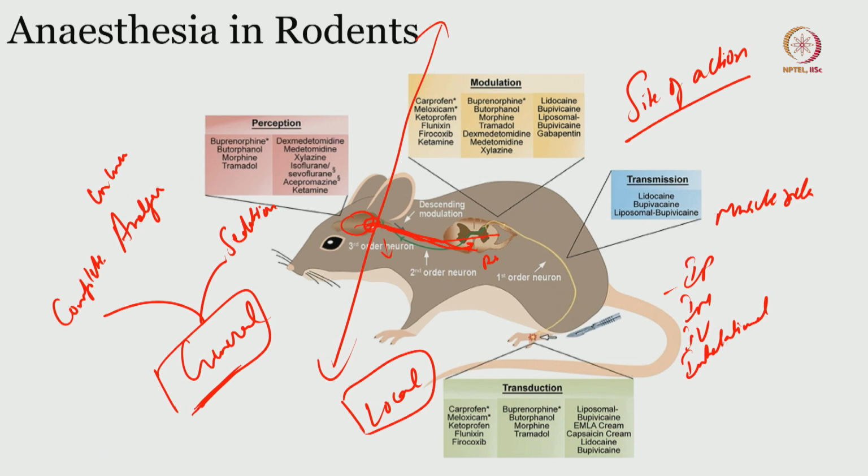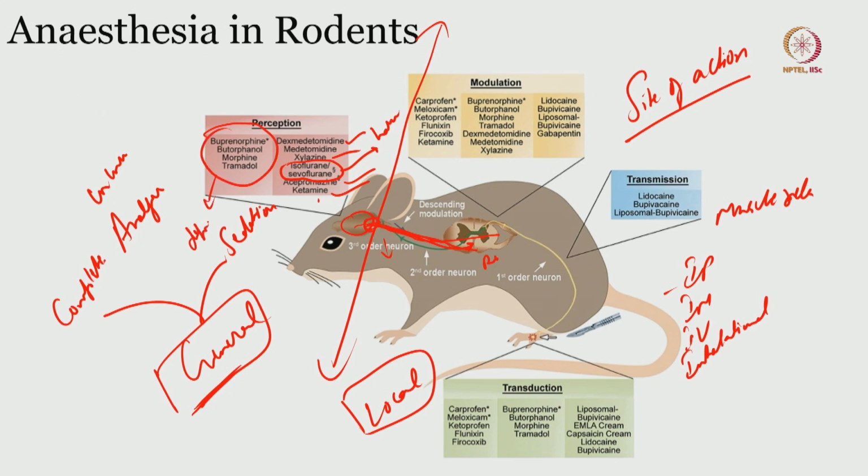In rodents, it is good to know that ketamine, acetaminophen, dexmedetomidine are all injectable drugs, and isoflurane and sevoflurane are the gaseous forms of anesthesia. Alright, these are inhalational, others are injectable, and these drugs are generally depressants.